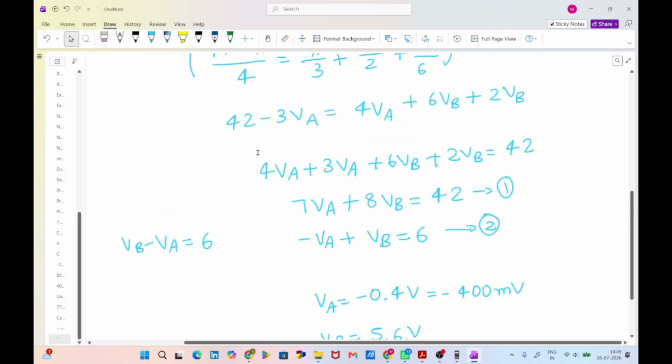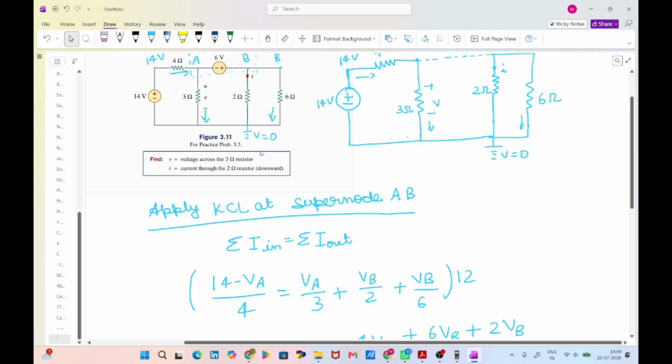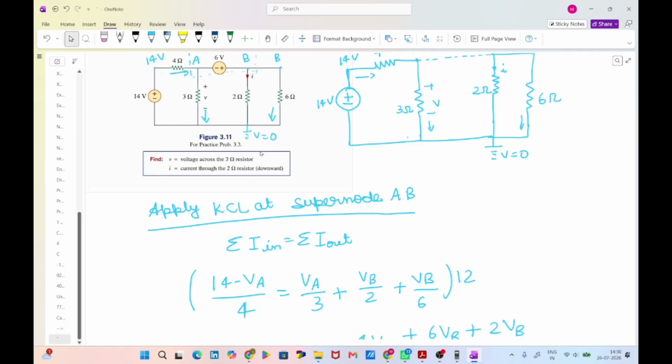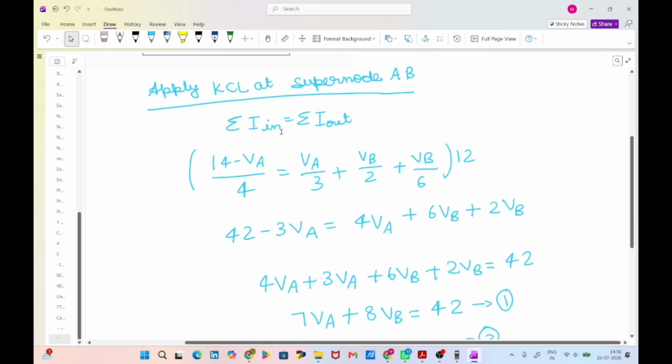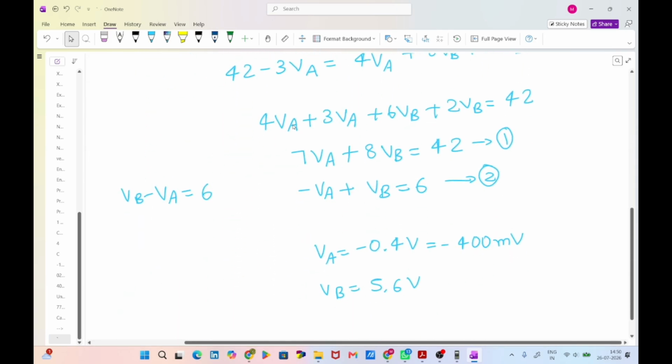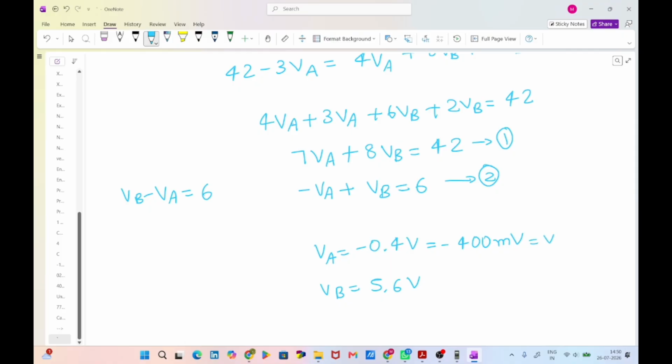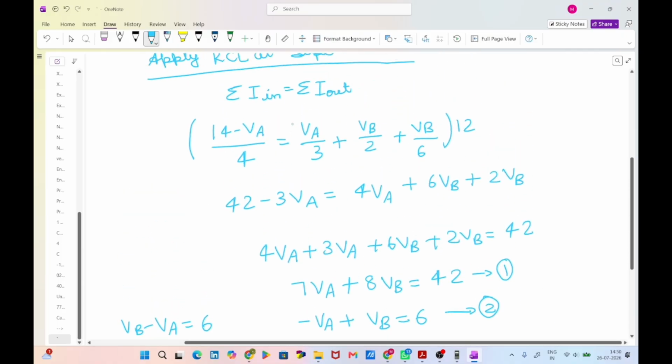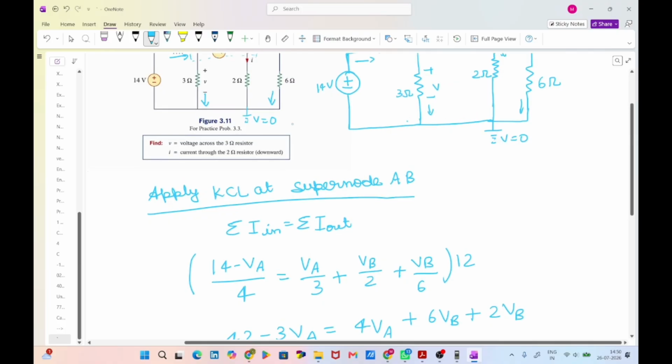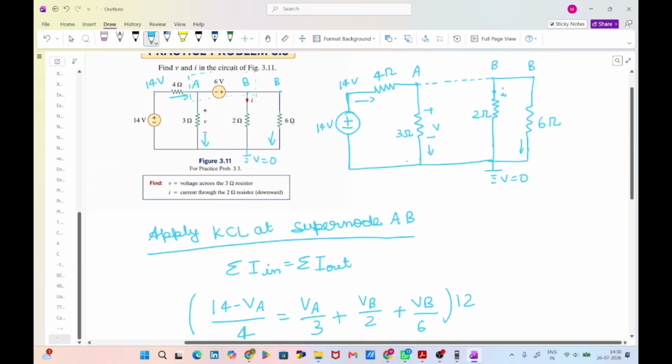Now we have to find I. Already we have found the voltage across the 3 ohm resistor, that means VA is equal to V. Now I is the current through the 2 ohm resistor.